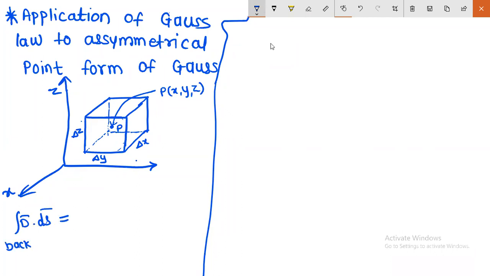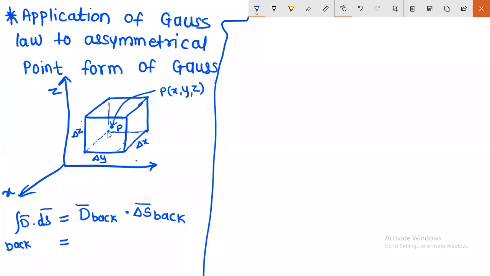It can similarly be written as D bar back dot delta S bar back. Now for D bar backside, can anyone tell me which vector is perpendicular to the backside? Here this is your backside.